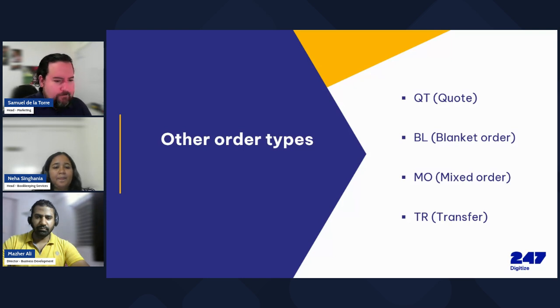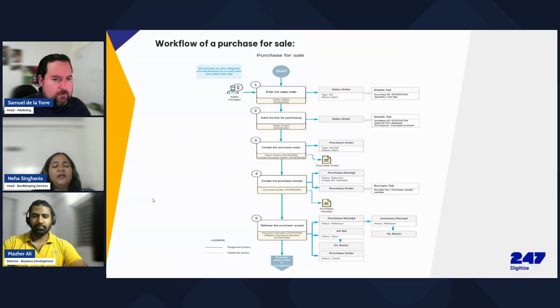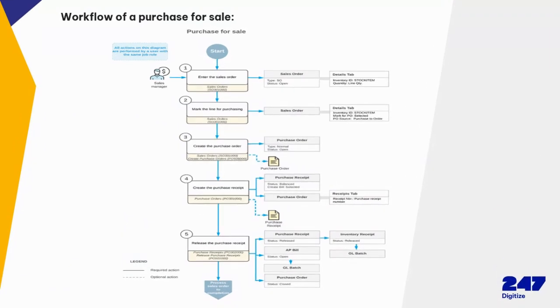Next slide. We'll briefly discuss what is a purchase for sale. In Acumatica ERP, the purchase for sale process refers to the workflow where purchase orders are created based on existing sales orders.